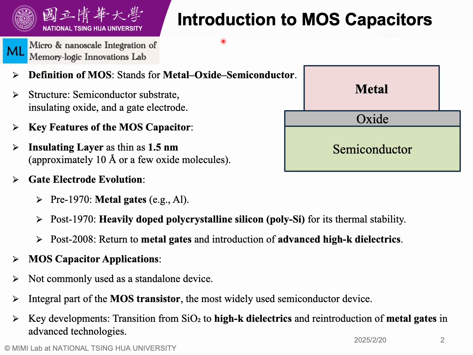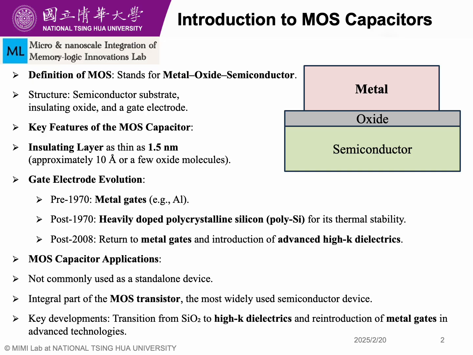Then after 2008, there was a notable shift back to using the metal gate, along with the introduction of high K dielectrics, which is famously known as high K metal gate technology. This transition allowed for improved capacitance and reduced power consumption. It also enabled the continued miniaturization, or scaling, of these semiconductor devices. And that's how we are today in our high K metal gate technology.